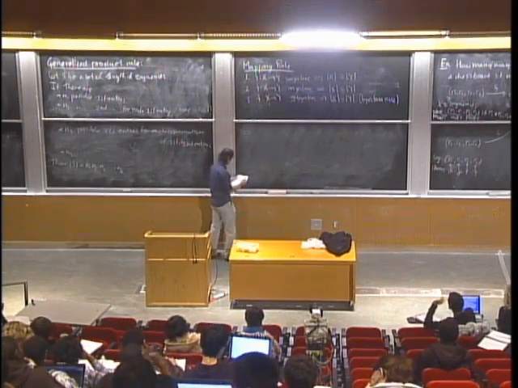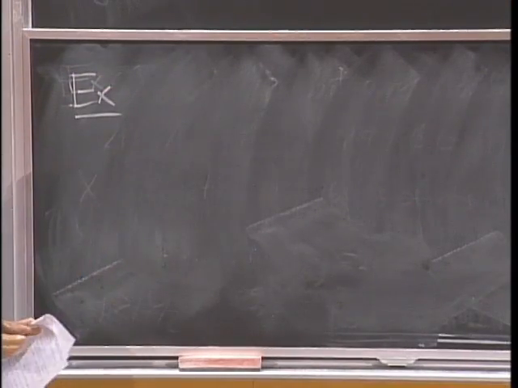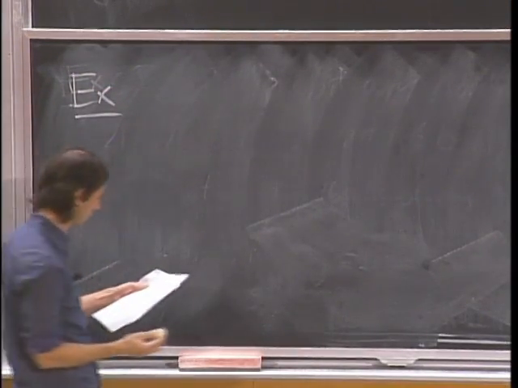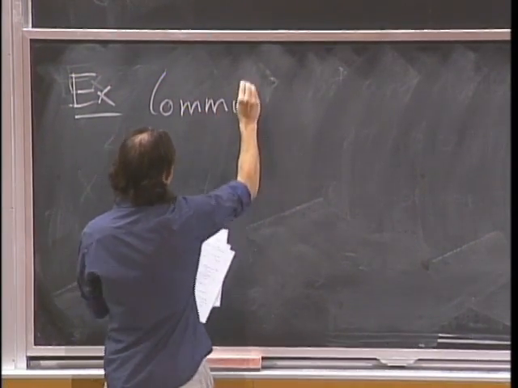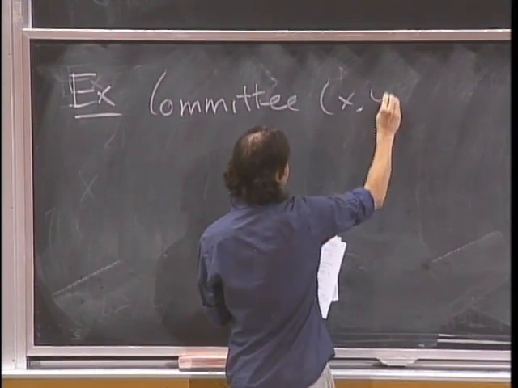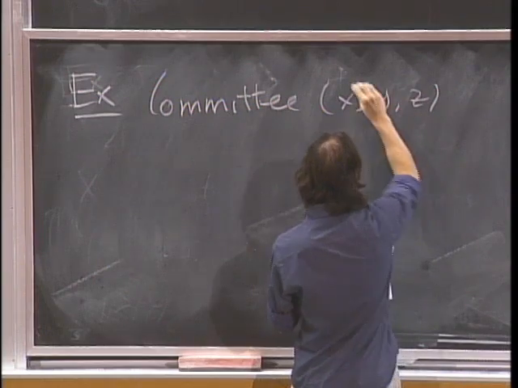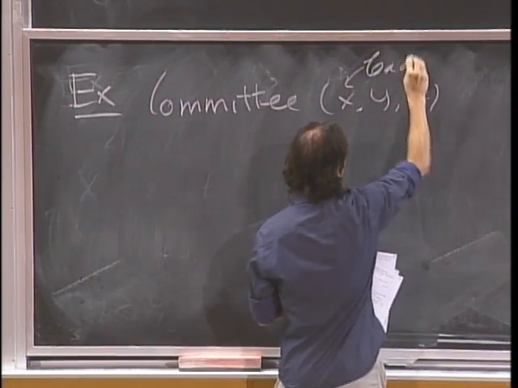In this example, we want to count the number of committees. So it's the exact same kind of principle that we're going to talk about. We're going to count the number of committees described by a sequence x, y, z, where x, the first one, is, say, the leader of the committee.